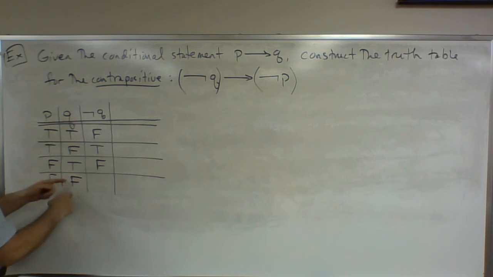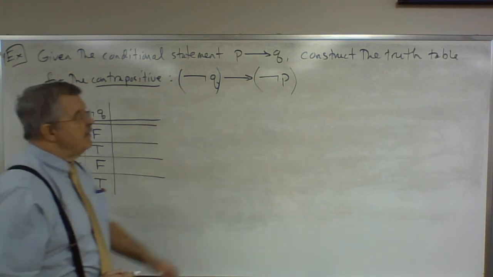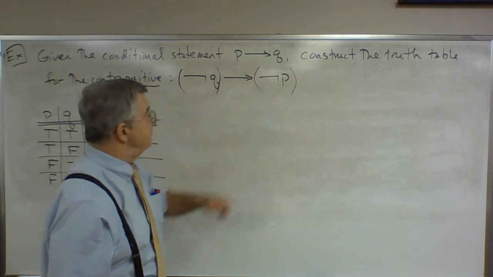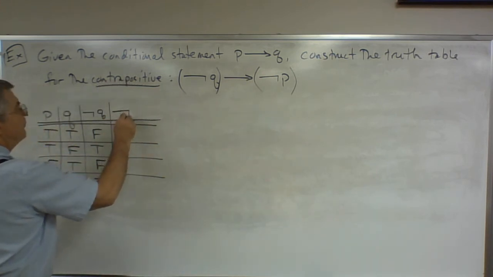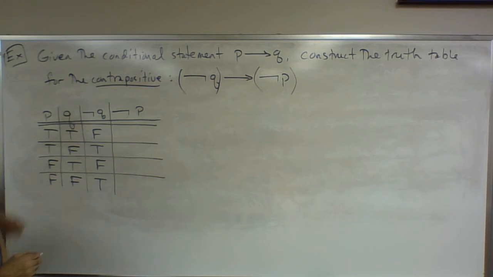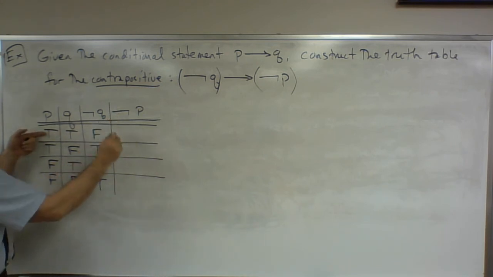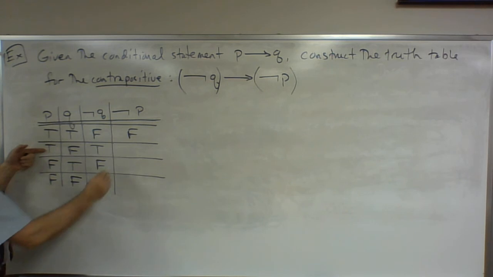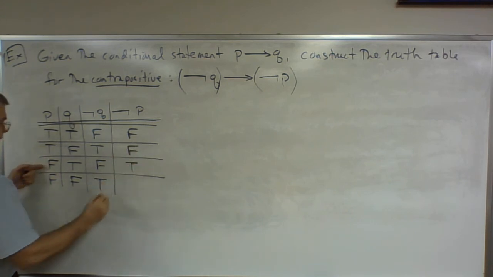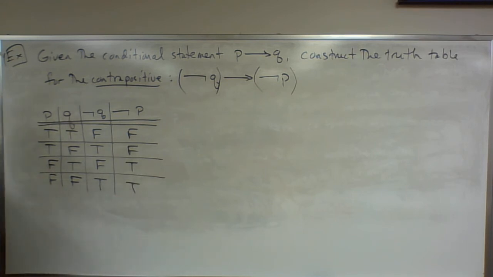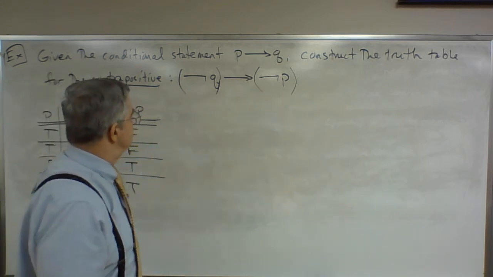When Q is false, not Q is true. There, we have the truth values for not Q. Now we also need the truth values for not P. When P is true, not P is false. When P is false, not P is true. Okay, we have the truth values for not Q and for not P. We're ready to do the contrapositive.